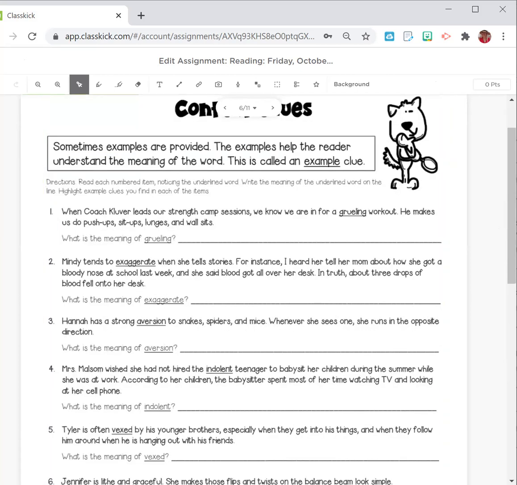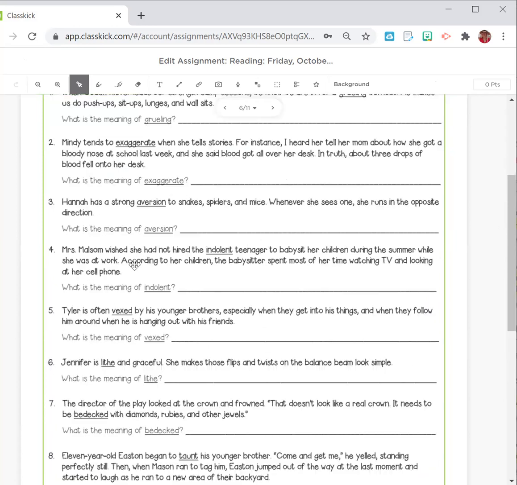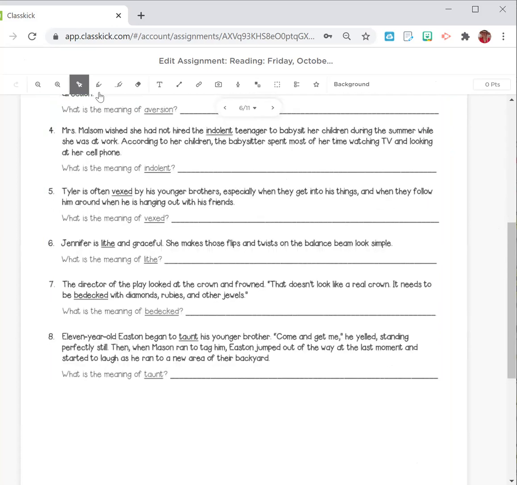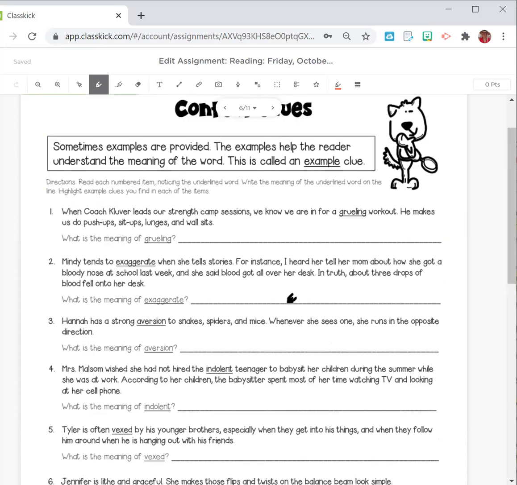And finally, we are going to be using examples to find the definition of the underlined word. Again, I will do the odds and you'll do the evens. We are not going to do 7 or 8. Number 1, when Coach Kluver leads our strength camp sessions, we know we are in for a grueling workout.